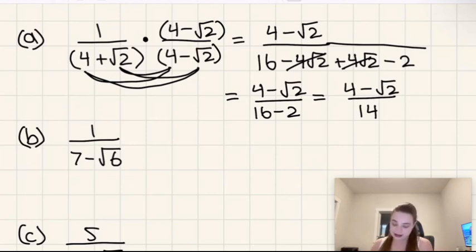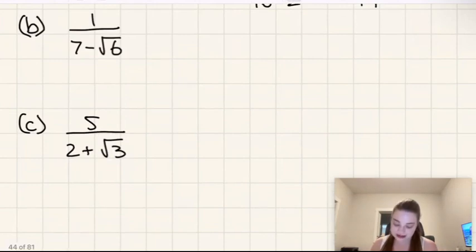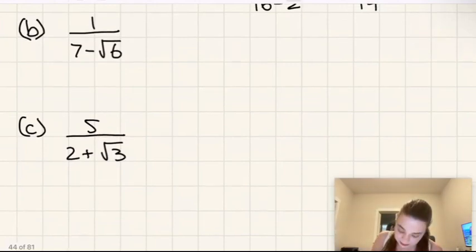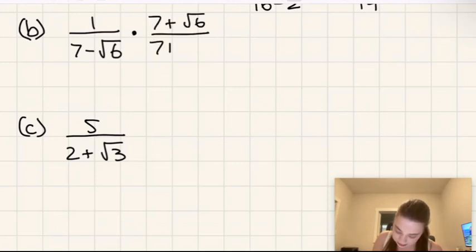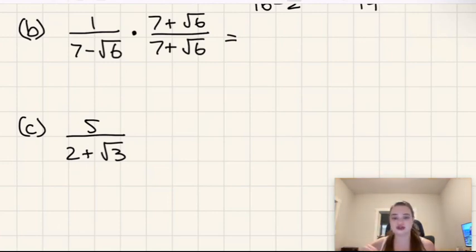Okay, let's try B. So B, we're going to do pretty much the same way. I'm just going to multiply top and bottom by 7 plus root 6 over 7 plus root 6. And now that we saw how the middle terms just get canceled, we can actually just do first and last. We can forget outer and inner in these scenarios specifically, because we know that the whole point is that they're just going to cancel out.